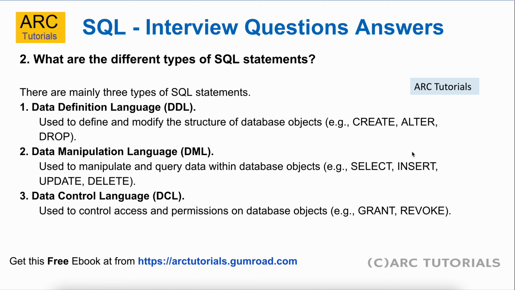The next is data manipulation language, also called DML, which is used for manipulating and querying data within database objects. This includes the select statement, insert, update, delete. There is also a third one called data control language, which is used to control access and permissions on database objects. These include the grant statement and revoke statement.